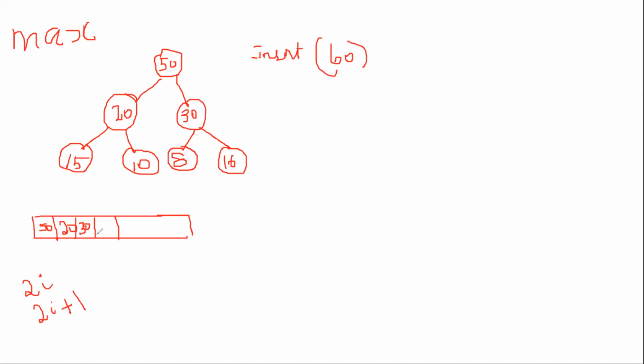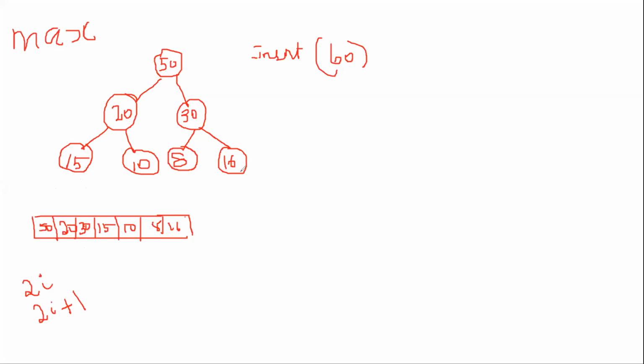Then 30 and 15, 10, and it goes on. Let me complete this one: 16. So 20, 30, 15, 10, 8, 16. Okay, it's right. Fine. Now, I want to insert 60.